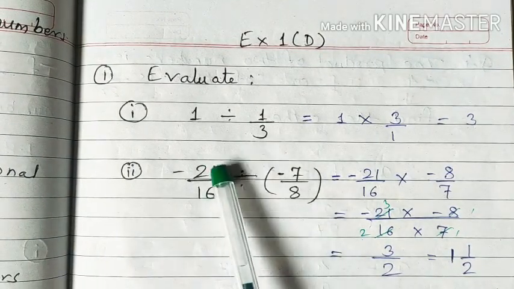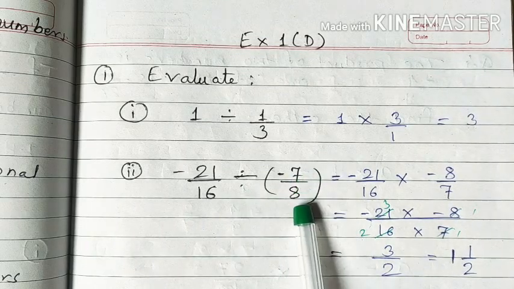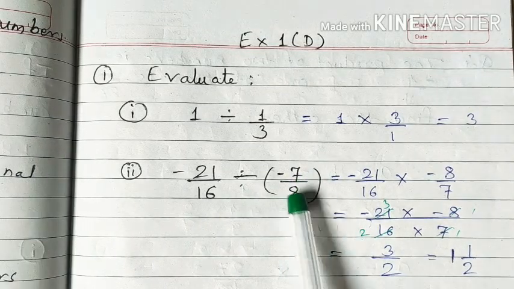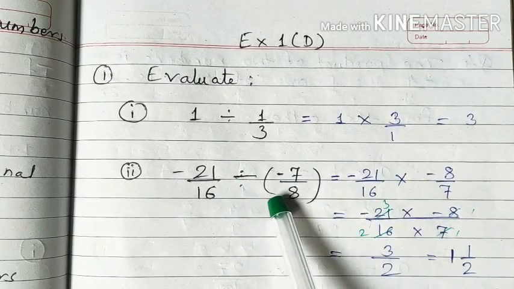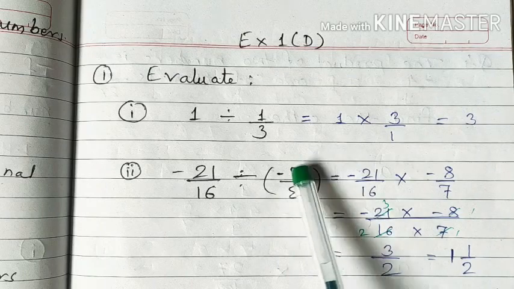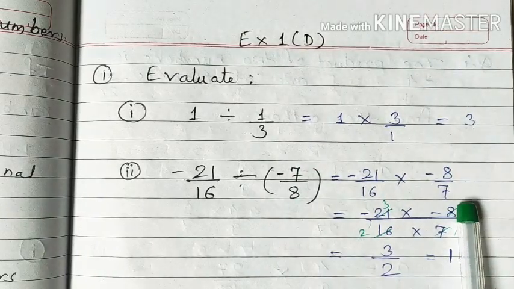Second, minus 21 upon 16 is divided by minus 7 upon 8. So convert the division into multiplication and take the reciprocal of this. What is the reciprocal of minus 7 upon 8? It will be minus 8 upon 7.